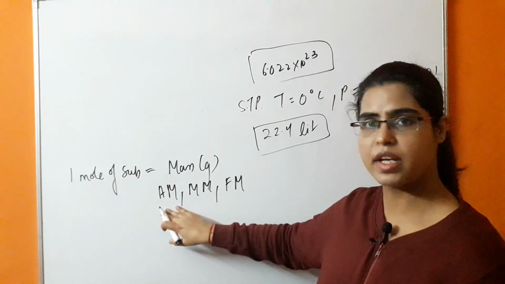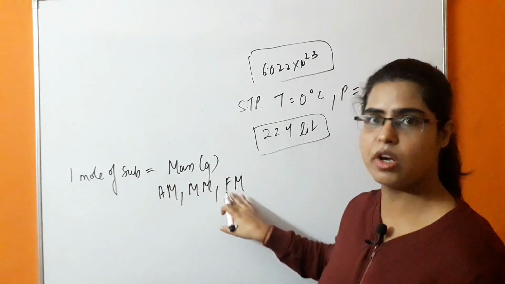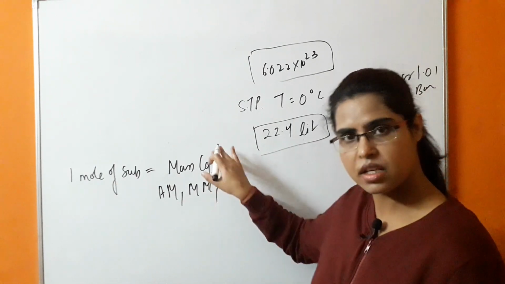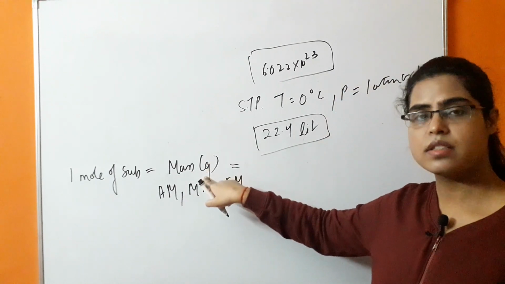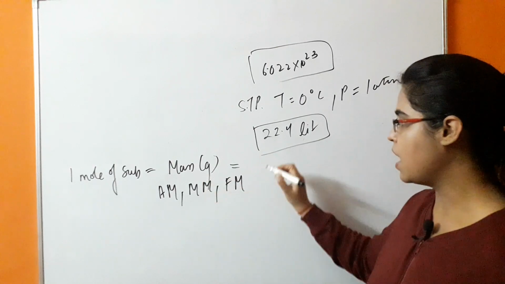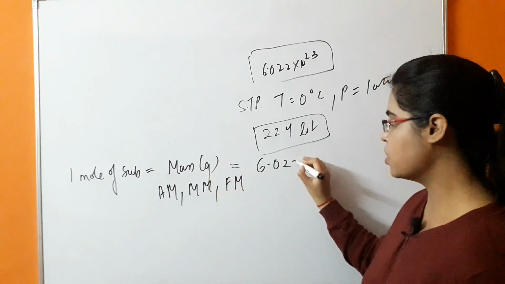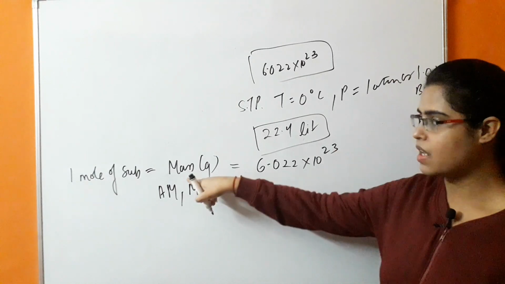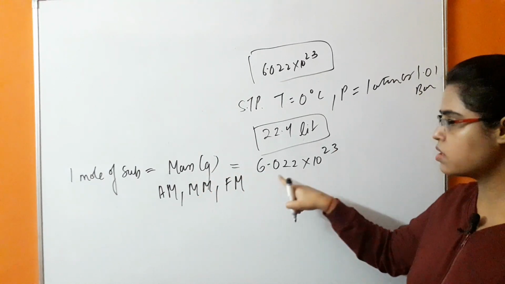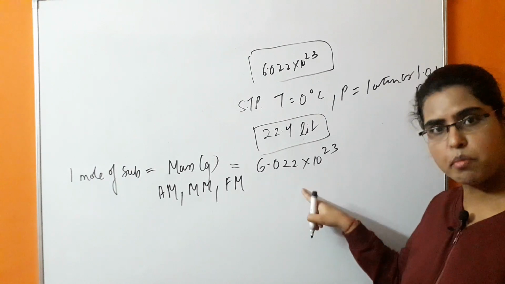It means we have to express atomic mass or molecular mass or formula mass in grams. So this mass is consisting of number of atoms, which is 6.022 into 10 to the power 23. So this mass is consisting of this much number of particles.